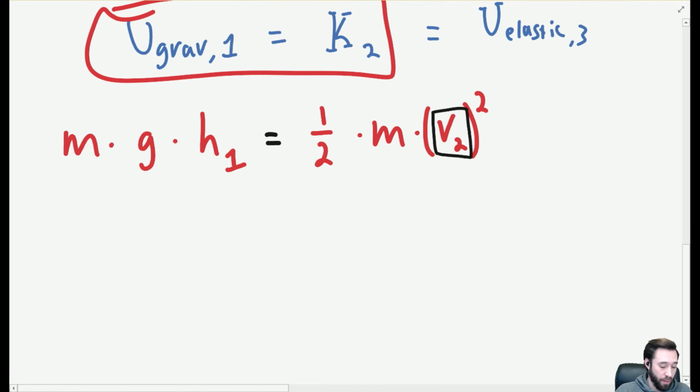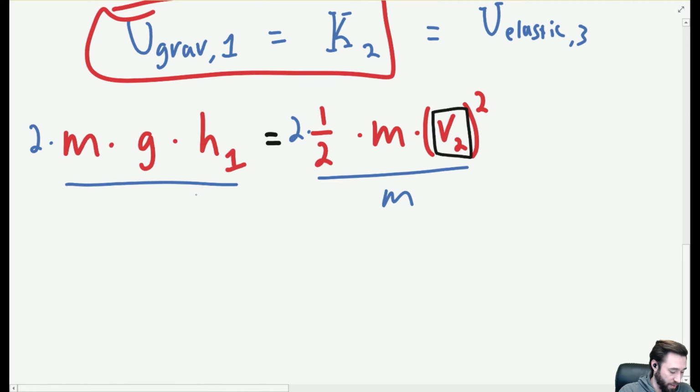Cool. So if I want to solve for V2, I need to get everything else over to the other side. And this should look familiar because I did a problem like this before. Since I have a 1/2 here, in order to cancel that out and make it a 1, I multiply both sides by 2. And then I divide both sides by m to get rid of the m.